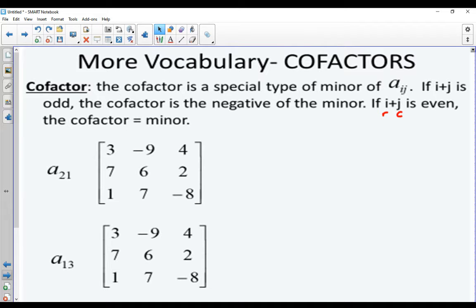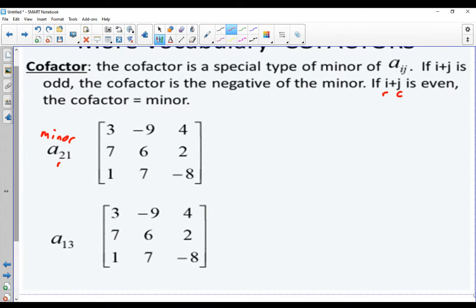So let's go ahead and for right now, find the minor of this. So in other words, row 2, column 1. Start with your row, eliminate row 2. Then go to your columns, eliminate column 1. So then you're left with -9, 4, 7, -8.